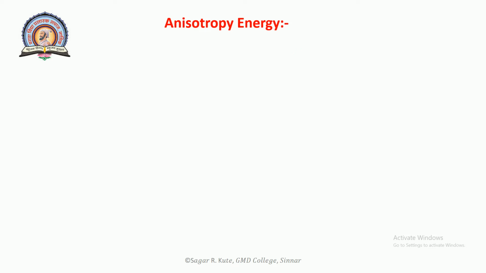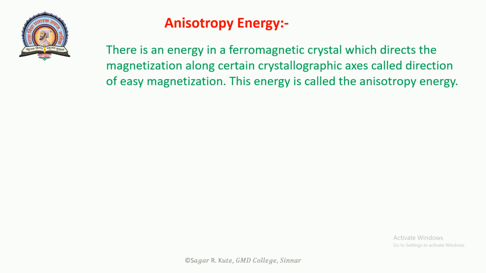Now the next topic is anisotropy energy. There is an energy in a ferromagnetic crystal which directs the magnetization along certain crystallographic axes, called directions of easy magnetization. This energy is called anisotropy energy.